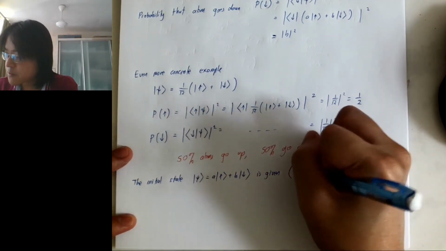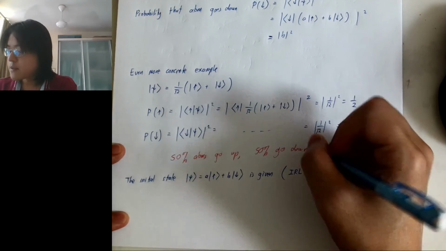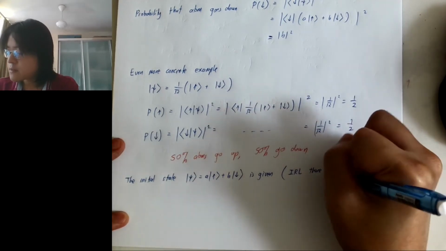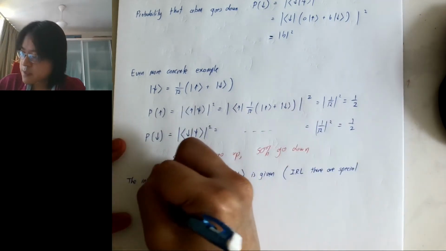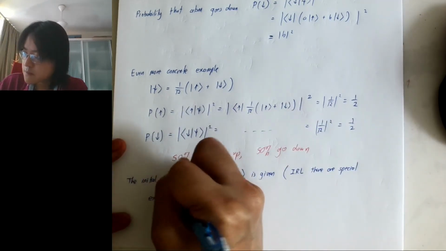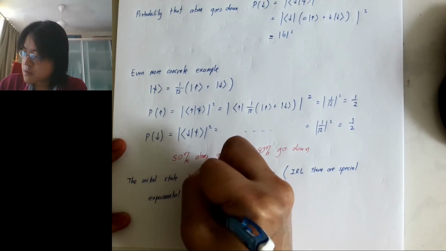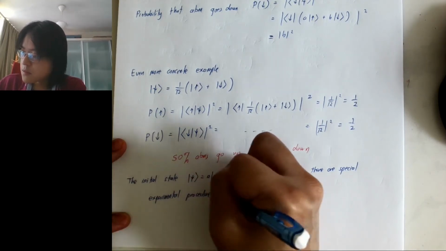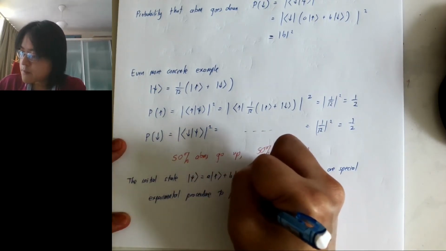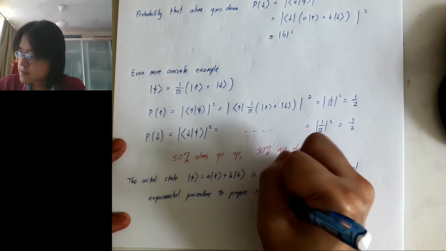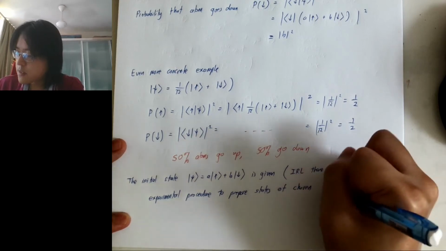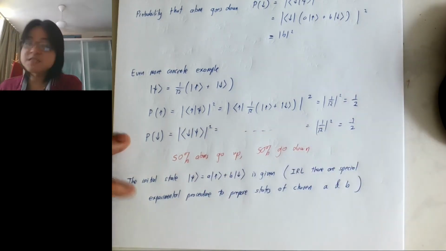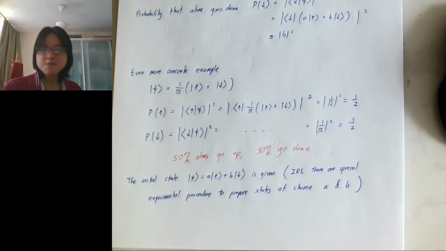But what actually happens in real life? There are special experimental procedures to prepare states of chosen A and B. So this is an experimental problem, which is why I don't know.